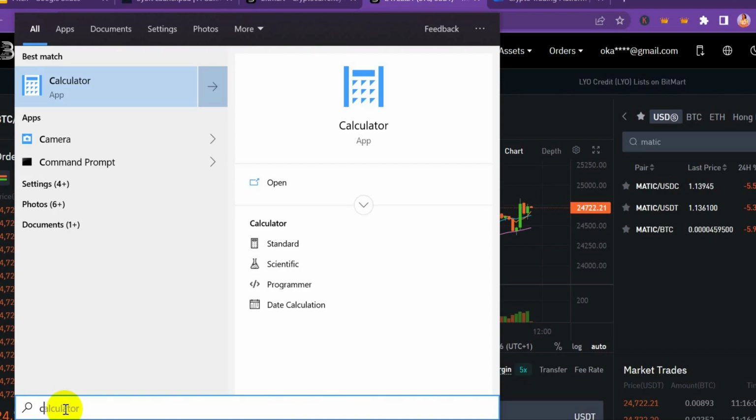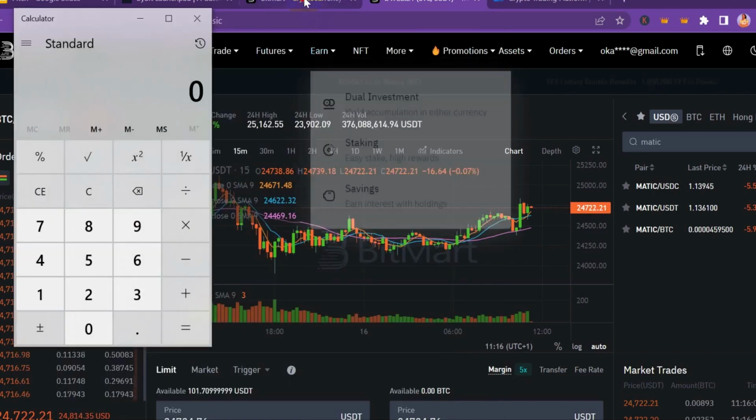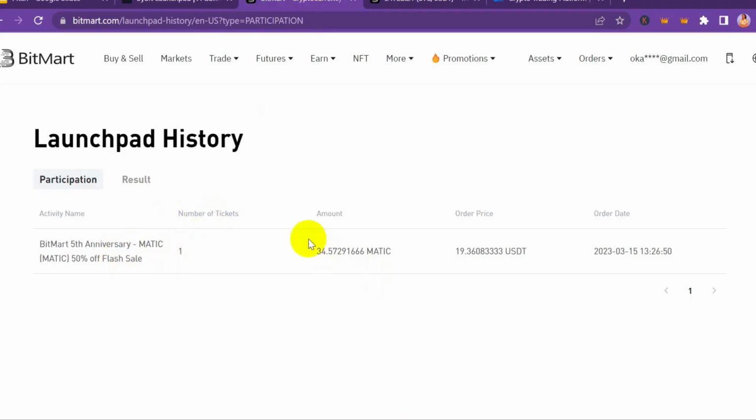Now let's use our calculator. I was showing something here. You can see they said the minimum number of tickets one can buy is one ticket, and one ticket is worth 34 Matic and 19 USDT.